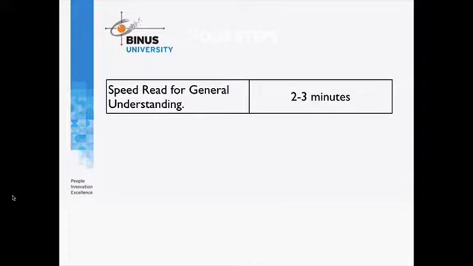And that's the point. Basically, you just want an overall idea of the main topic, and you want some idea about how the text itself is structured.